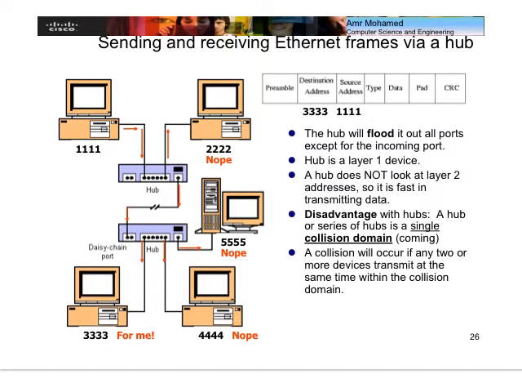And the disadvantage of the hub here is that because the hub propagates or replicates the signal on all the ports, it forces all nodes on the shared medium to have to decode, okay? Because the hub does not decode.